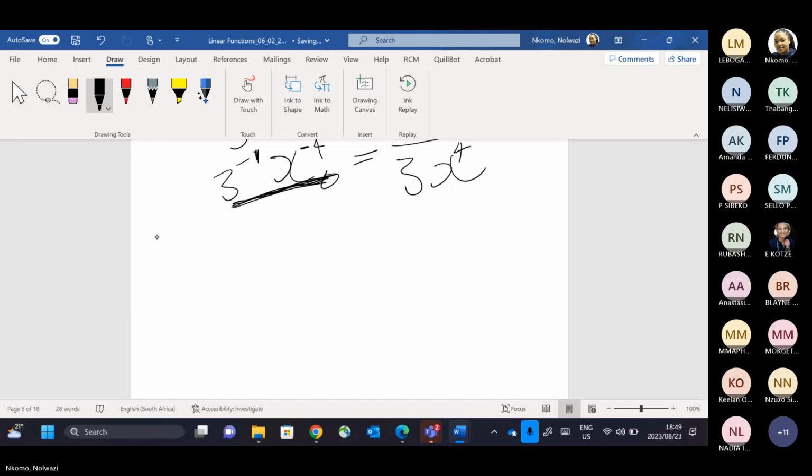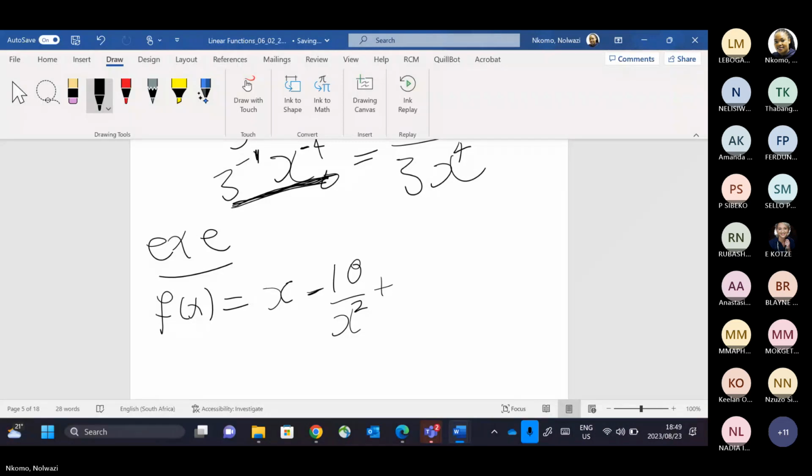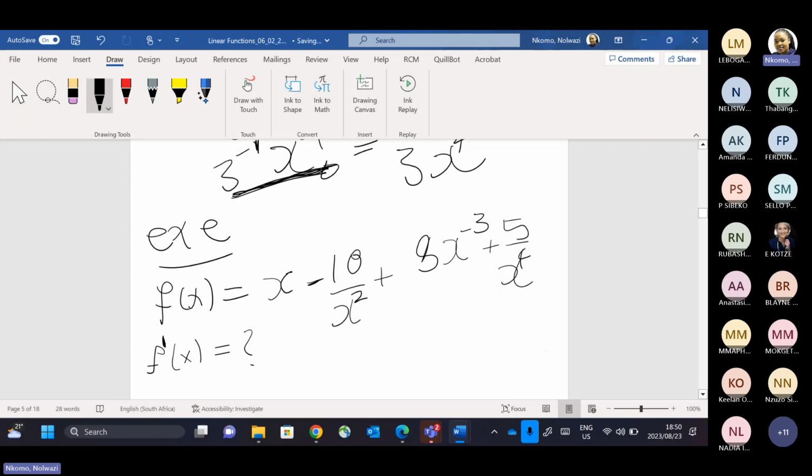Let's try and do this one. Okay, I'm gonna give you a few minutes to find f prime, which is dy over dx.